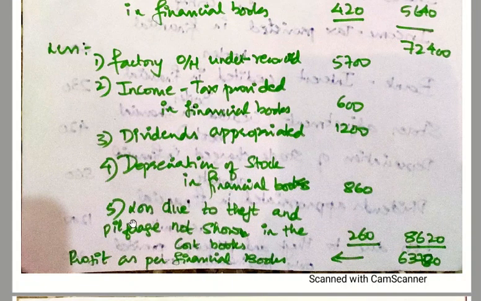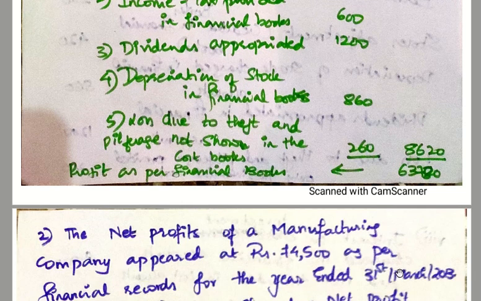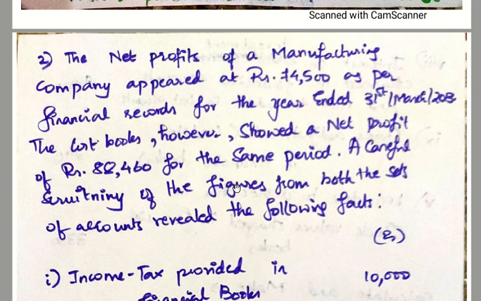Then loss due to theft and pilferage not shown in cost book, which is a financial expense, you will minus it. So when you minus it, you get the resultant figure as 63,780, which is nothing but your profit as per financial books.